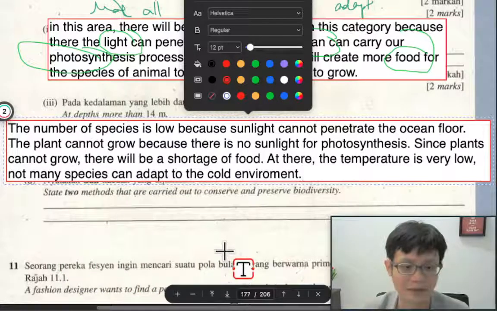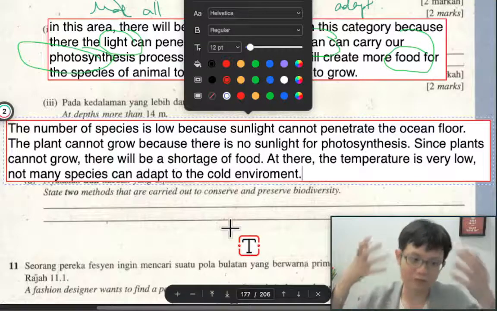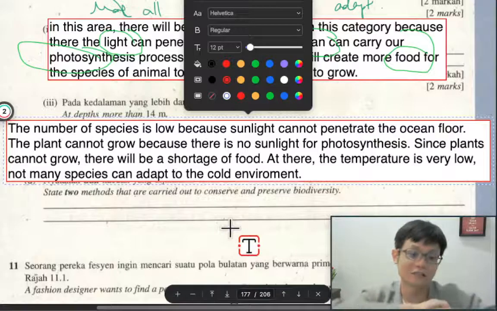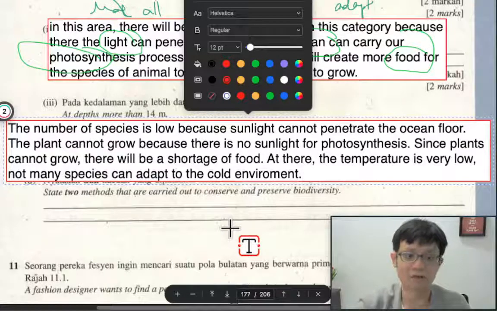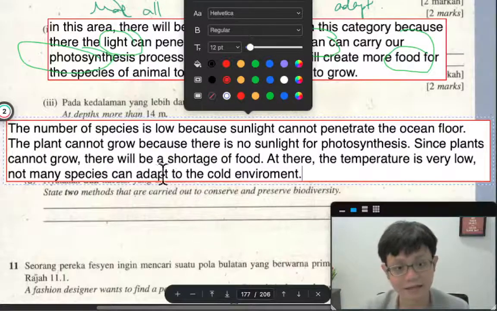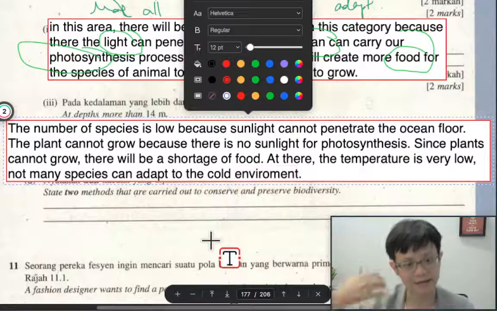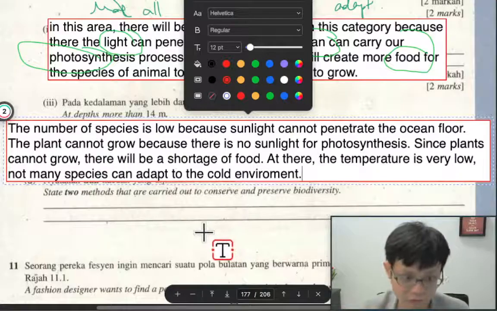That would be the bad answer, because the answer didn't explain properly. I mean, we know the student still gets it correct because the student says there is no sunlight, but the student is just a normal student. If a very good student, the student can explain it with a clear understanding like this. The student understands very well, and I also can learn something from the student.